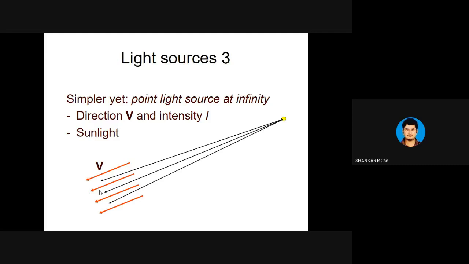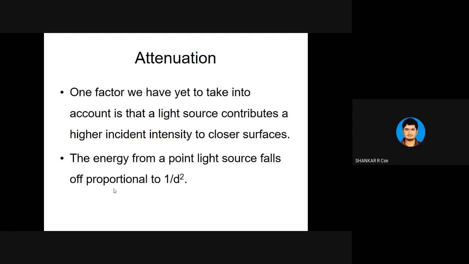So more intensity means less attenuation. Attenuation basically means loss. The closer you go to the light source, the less loss there is, and the farther you go from the light source, the more loss there is.